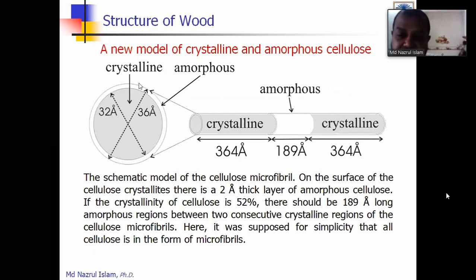However, a recent idea has been proposed by scientists, though not yet proved: in every cellulose chain, the inner portion is crystalline and the outer portion is amorphous. Not like this, where in a long chain microfibril, one part is crystalline and one part is amorphous. That was the earlier proposal.